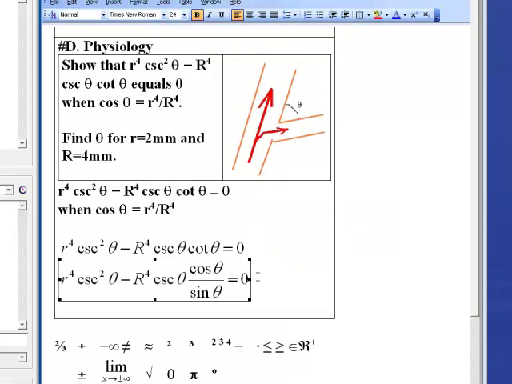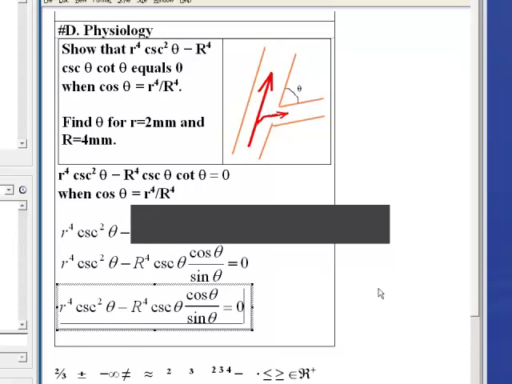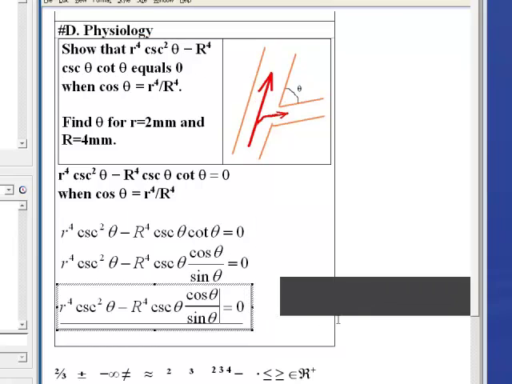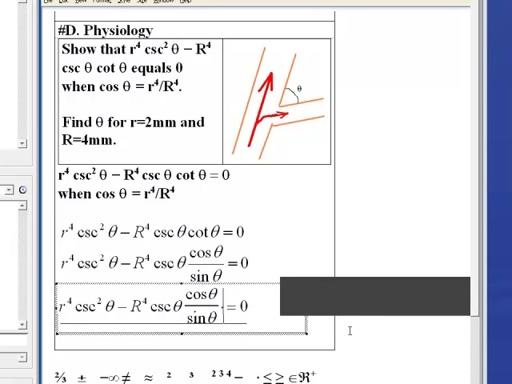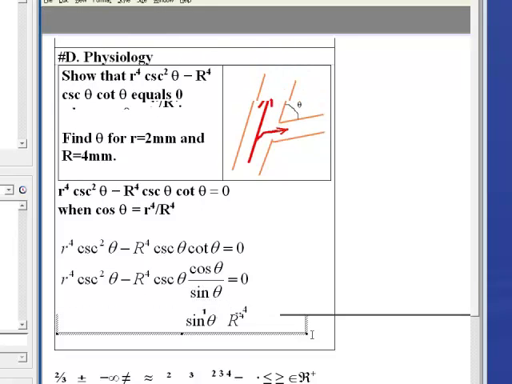And now I'm going to use that condition that we had earlier, when cosine theta equals r to the fourth over R to the fourth, to substitute in here for the cosine. So I'm going to substitute that in times r to the 4th divided by R to the 4th. And of course, we have substituted in for the cosine.